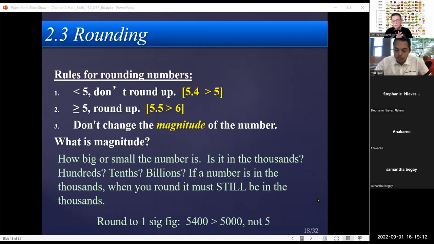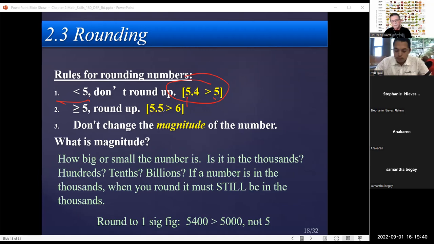If that neighbor is less than 5, then the number we're working with stays the same. In that example, 5.4, we are looking at the neighbor, which is 4. That 4 is less than 5, therefore the 5 remains 5, and that's how we present the data as 5.